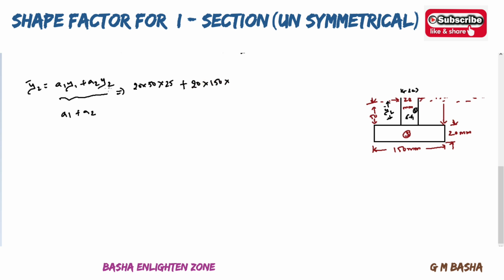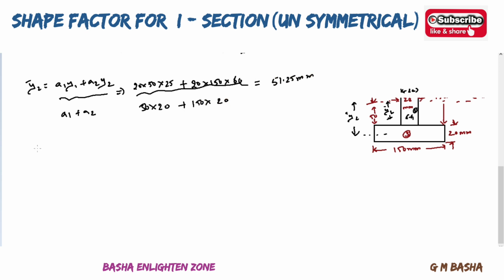What is y2? The distance taken from the center to the equal area axis. For that, 50 plus 20 by 2, which is 60, by a1 plus a2, that is 50 by 20, and again this 150 by 20. If you simplify directly, you will get y2 bar equal to 51.25 mm.